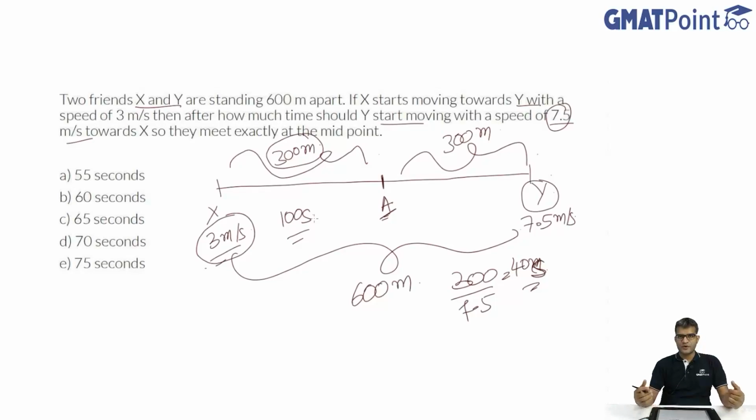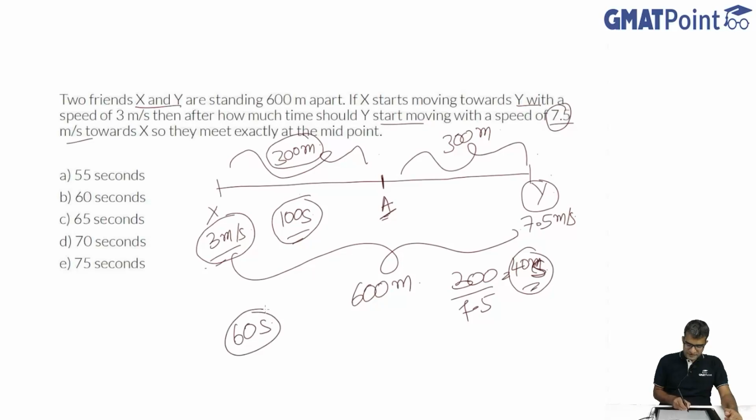So how much time should Y wait before he actually moves? That will be 100 minus 40, which is equal to 60 seconds. So Y should essentially give X a head start of 60 seconds, and he will reach the midpoint in just 40 seconds, so that both of them will reach the midpoint after 100 seconds after X starts. So Y has to essentially wait for 60 seconds. So the answer for this question is option B.